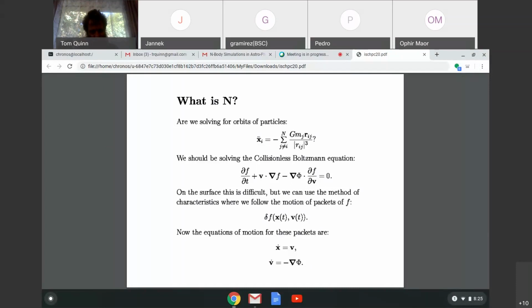And if you work out the equations of motion for these packets of distribution function, you get the last two equations. The time derivative of x is the velocity. The time derivative of the velocity is minus the gradient of the potential. And if you combine those two equations, you'll get x double dot is equal to minus the gradient of the potential, which is exactly what you have at the very top, where we're talking the Newtonian potential.